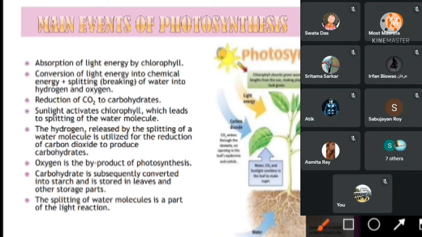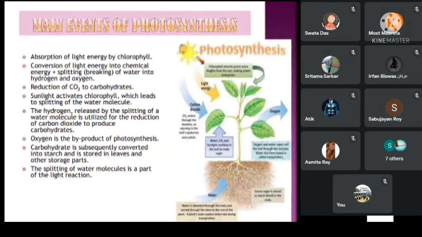Next we will see the main events of photosynthesis, meaning which events are done inside the plants at the time of photosynthesis. So in the main events of photosynthesis, at first the light energy is absorbed by the chlorophyll. As we know, chlorophyll is present inside the chloroplast of the plants.